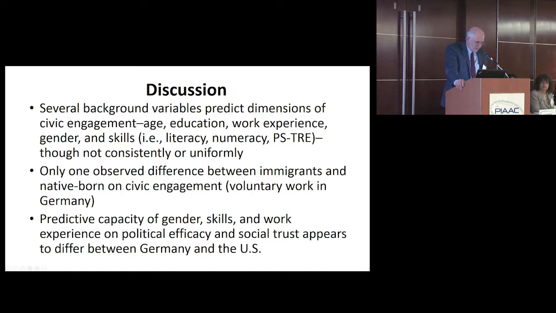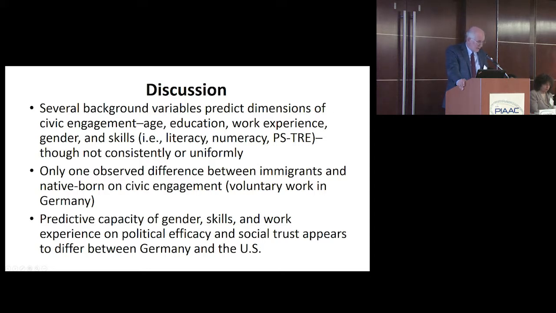So we think that the finding of no difference between native-born and immigrant adults in civic engagement is both interesting and reassuring. It's interesting because it would seem to counter the myth that immigrants don't assimilate well or quickly, and it's reassuring that at least for civic engagement, immigrant adults are doing well in society and participating in civic activities, such as volunteer work in the US, similar to native-born adults.